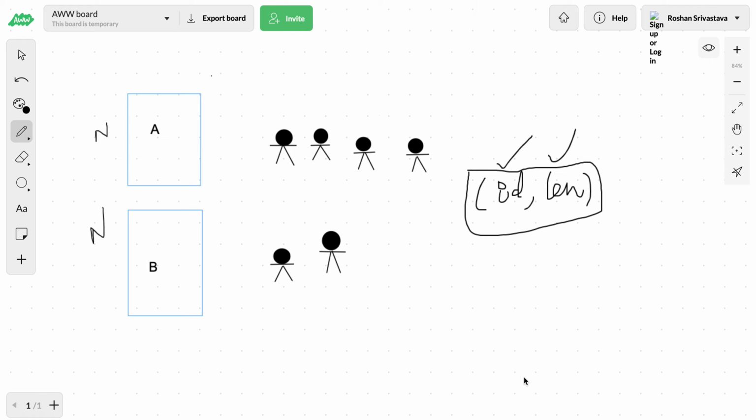So in our case, the problem is we have a certain function, f of id and length, at any moment, and we want to calculate the answer for all these people if we consider this particular function. So what do we want to say?